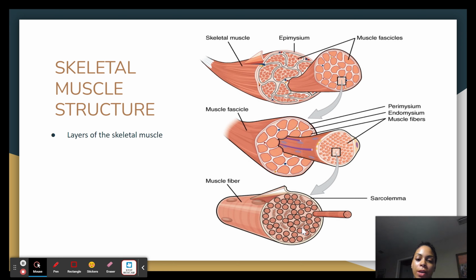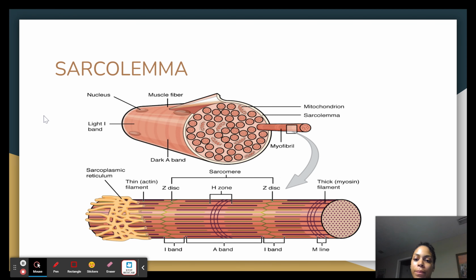So the sarcolemma is found along the entire muscle fiber. This is where the sarcoplasmic reticulum stores, releases, and takes in the calcium ions that are needed to excite the muscle.